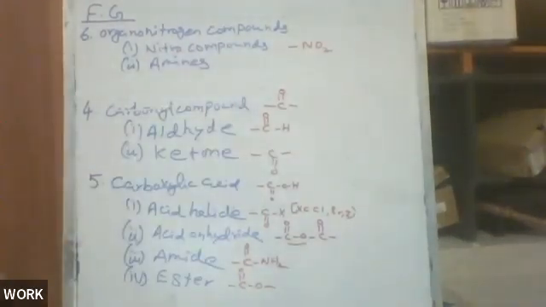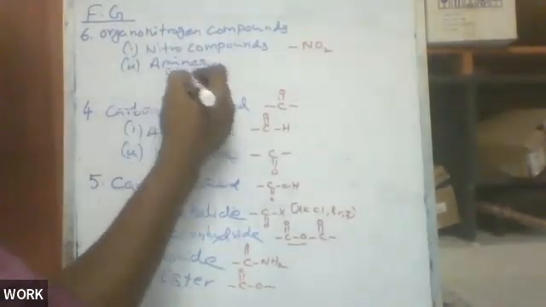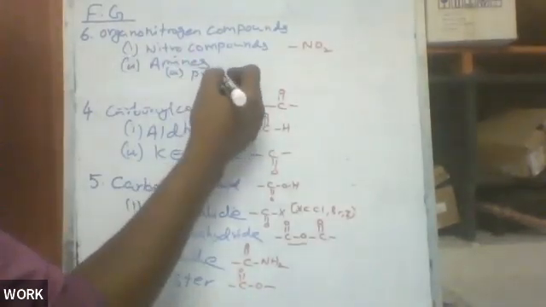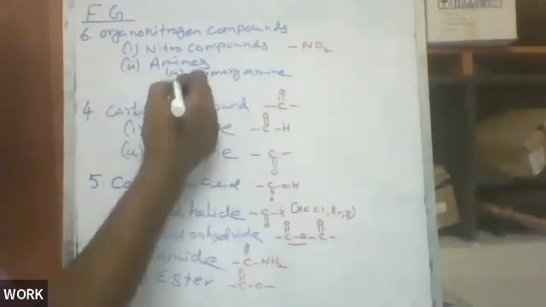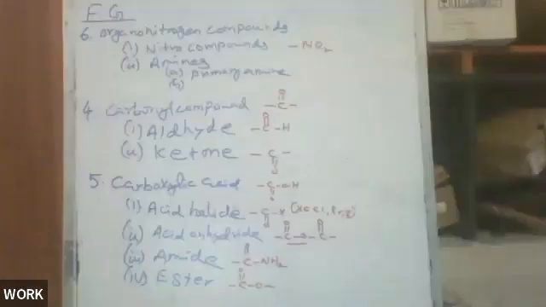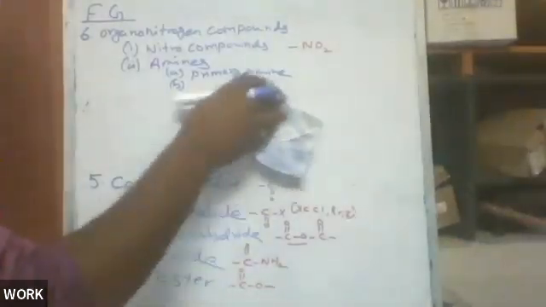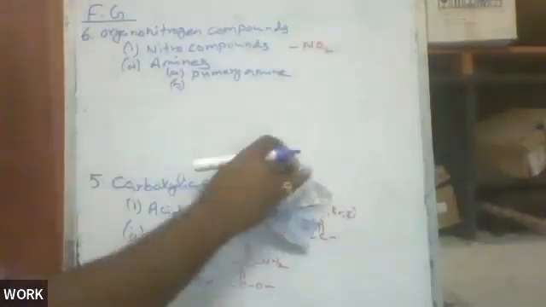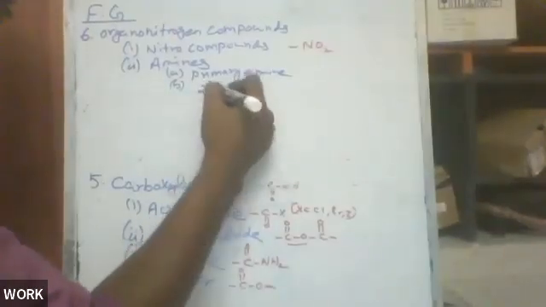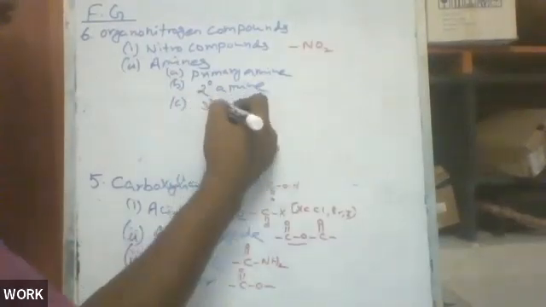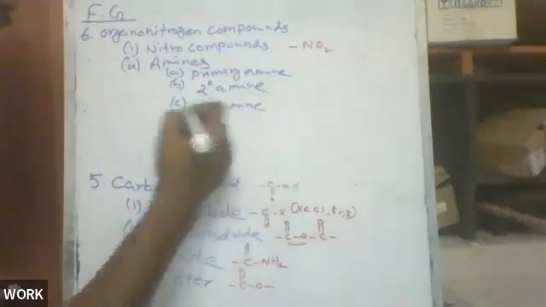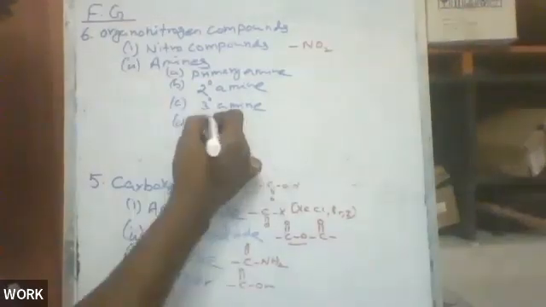In amines there is A, primary amine; B, secondary amine; C, tertiary amine; and D, quaternary.